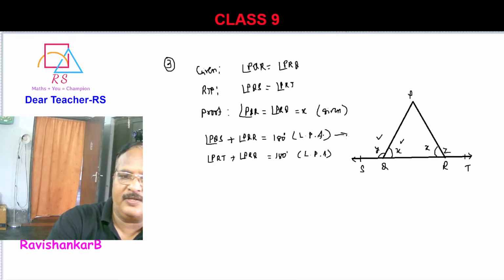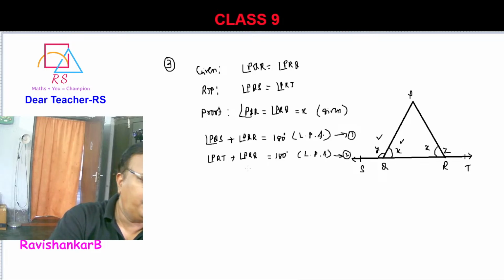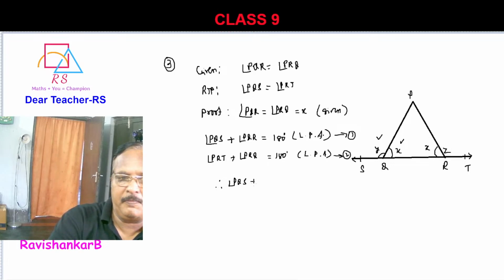Now there are two equations we got, equation 1 and equation 2. So in both the equations right hand sides are equal, therefore left hand sides are also equal. So angle PQS plus angle PQR, I'm sorry, this is PQR, and angle PRT plus angle PRQ.